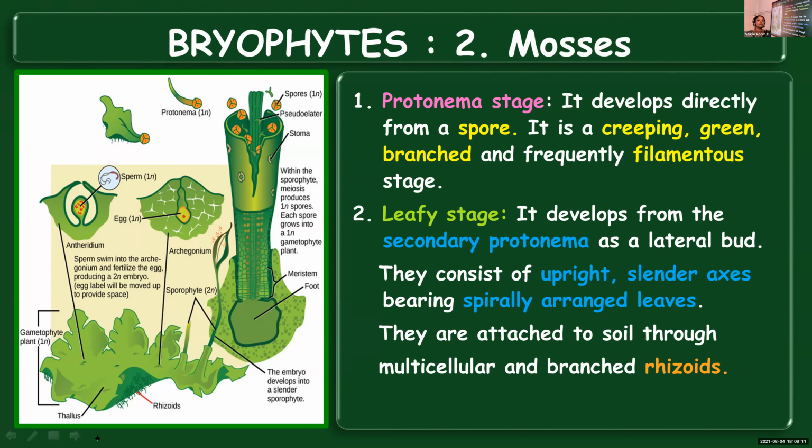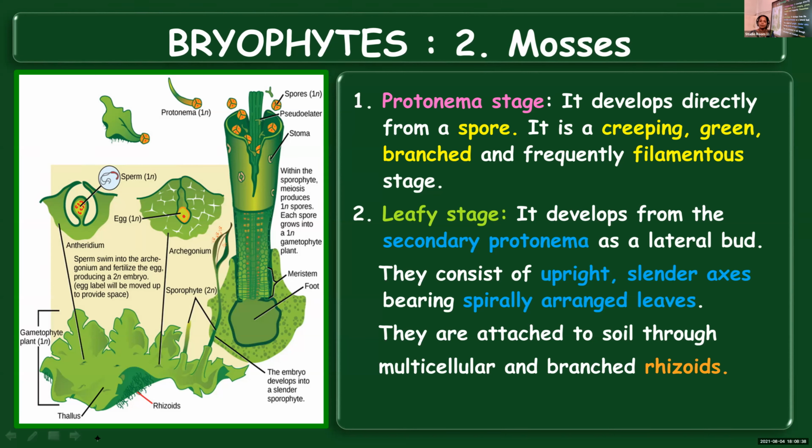And it has two phases or stages, the leafy and protonema stages. Protonema is the stage directly developed by the germination of a spore. It is branched, filamentous, creeping, green in color. Whereas the leafy stage is formed from the buds which arise laterally on the secondary protonema.